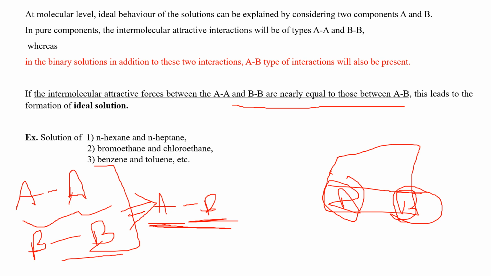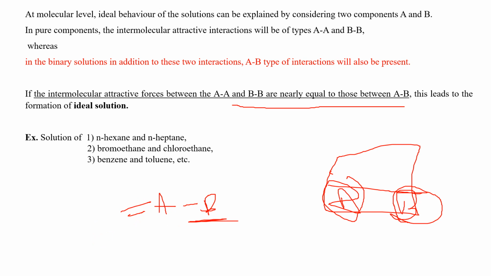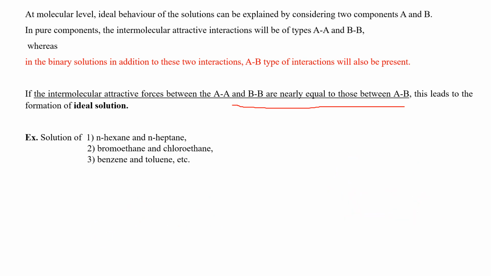This leads to the formation of an ideal solution. So when the intermolecular interactions of solution particles are nearly equal to the intermolecular interactions of the pure components, then such a solution is known as an ideal solution.